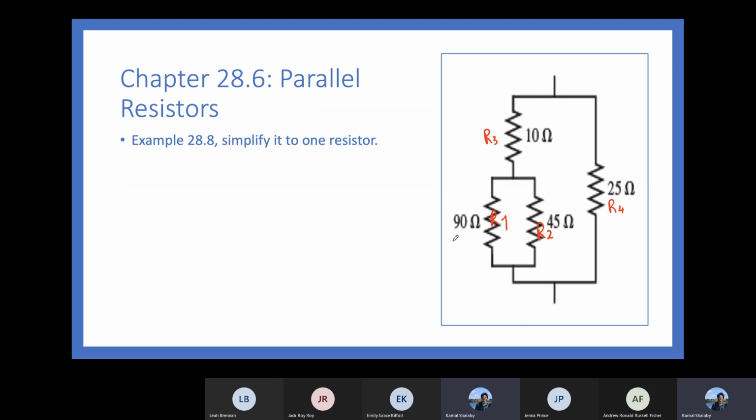Okay, so as I was saying, for those four resistors, how can we find the total resistance? We can first start with R1 and R2. Since R1 and R2 are in parallel, we need to find their total resistance. Let's call it R1,2.